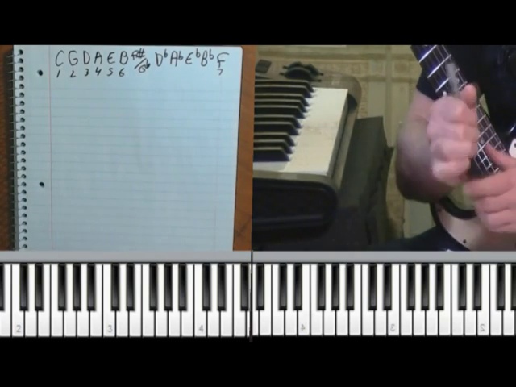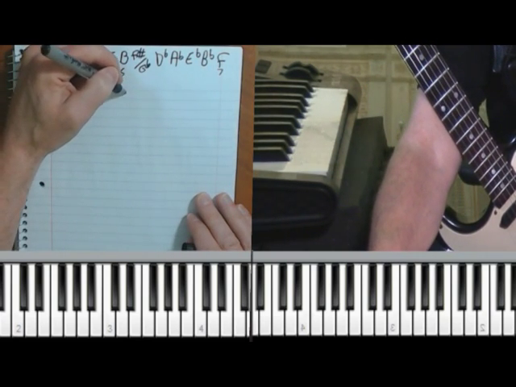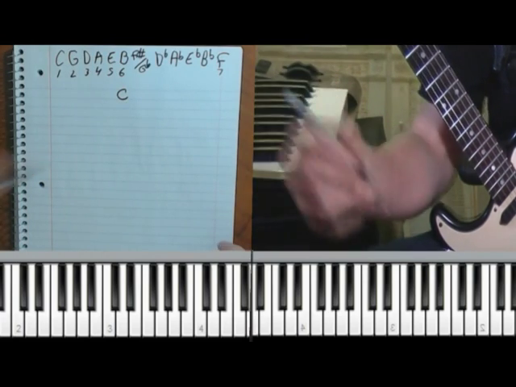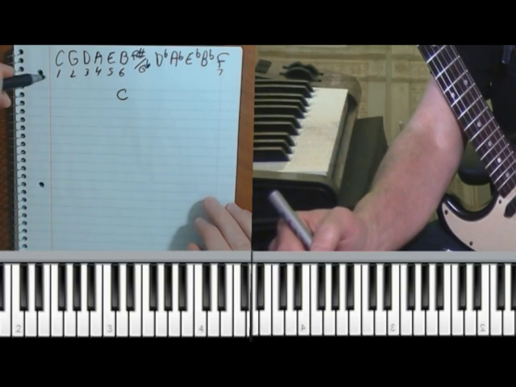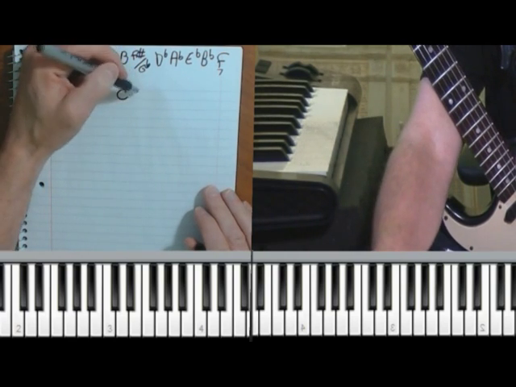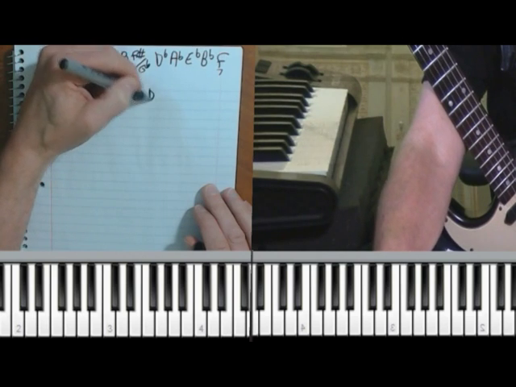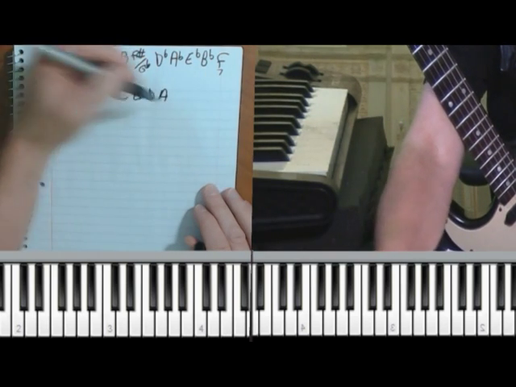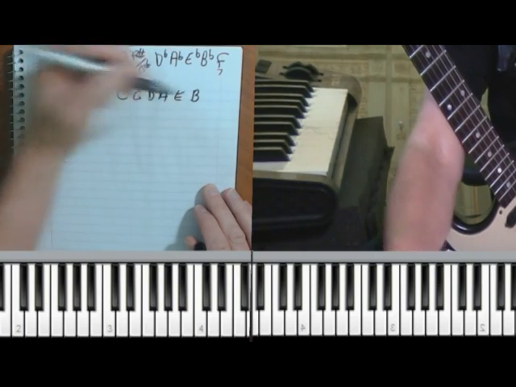So what you see is this. You see C in the middle, and then if you go to the right, the way I was doing this, you're going to see G, D, A, E, B. I'm just going to go up to B for now.